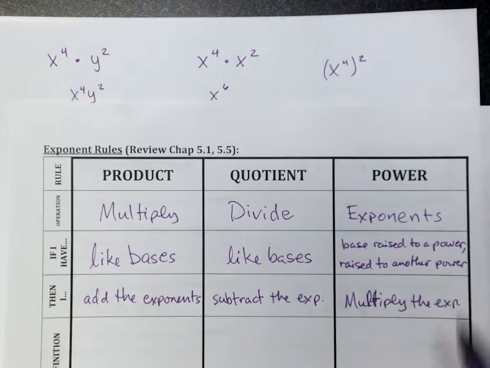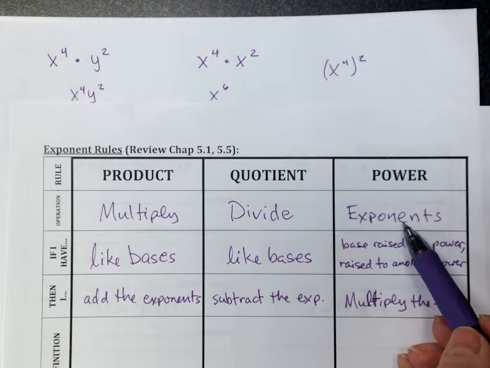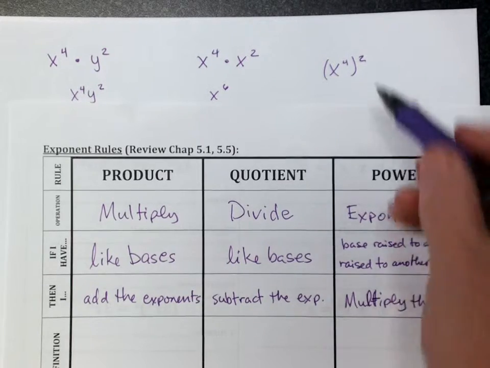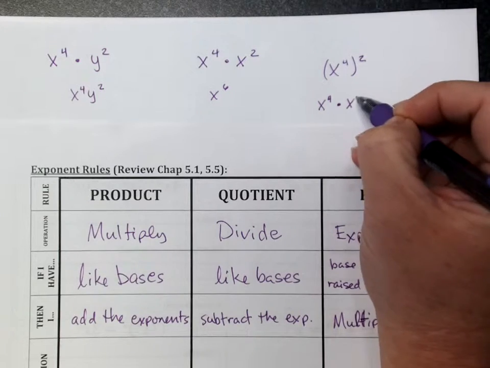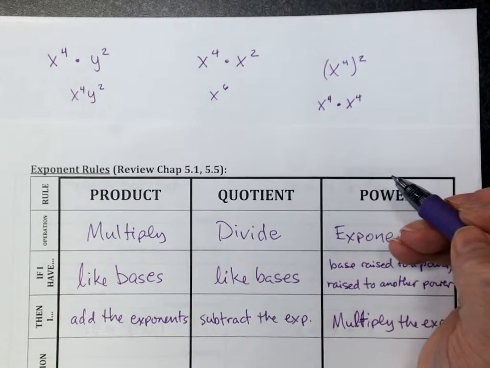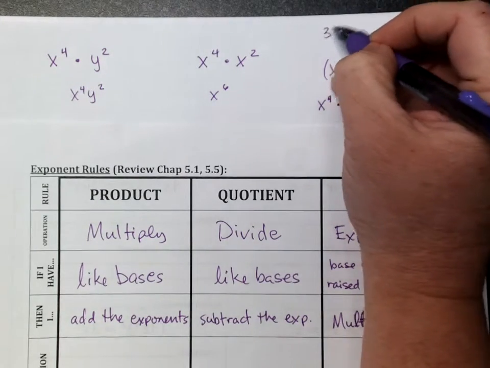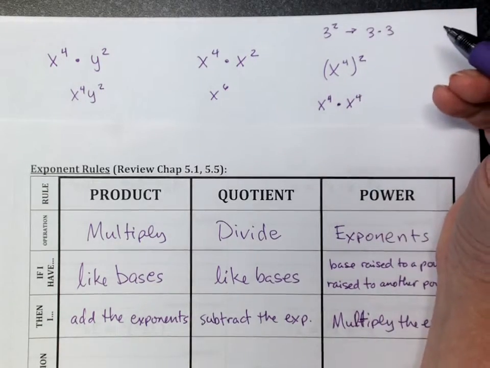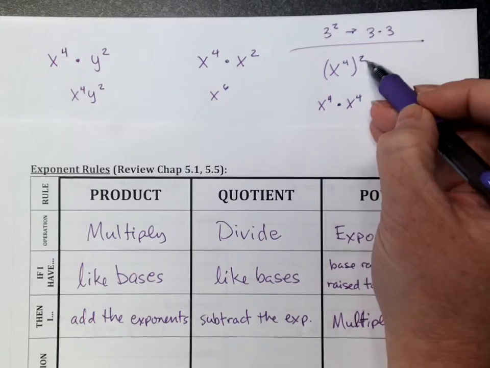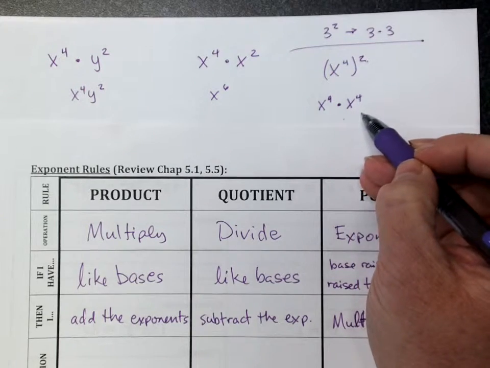And remember that the power rule, dealing with exponents, is a form of multiplication. It's multiplying something times itself. It's repeated multiplication. So all this means is x to the 4th is used as a factor twice. Just like 3 squared means 3 times 3, x to the 4th squared means x to the 4th times x to the 4th.